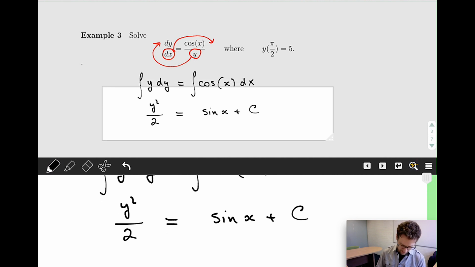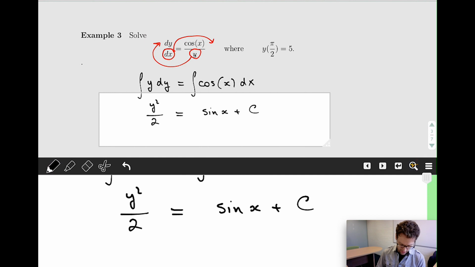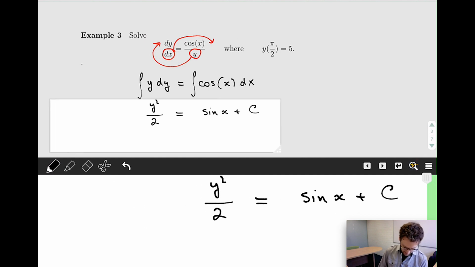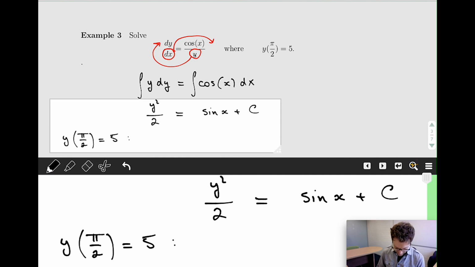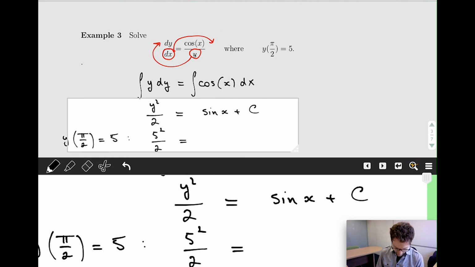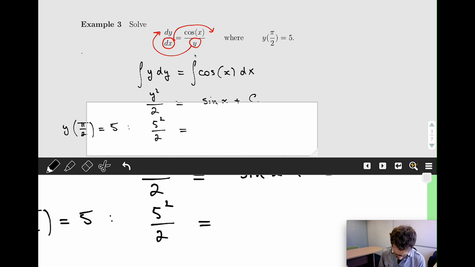Now we need to fix c, so what we're going to do is make use of that initial condition. That is that when x is equal to pi over 2, y is equal to 5. So let's put that in. Let's set x is equal to pi over 2 and y is equal to 5. So I'm going to get 5 squared over 2 is equal to the sine of pi over 2 plus c.